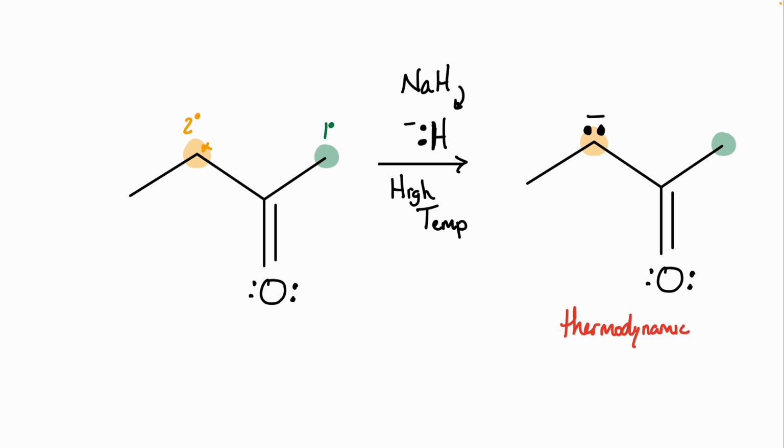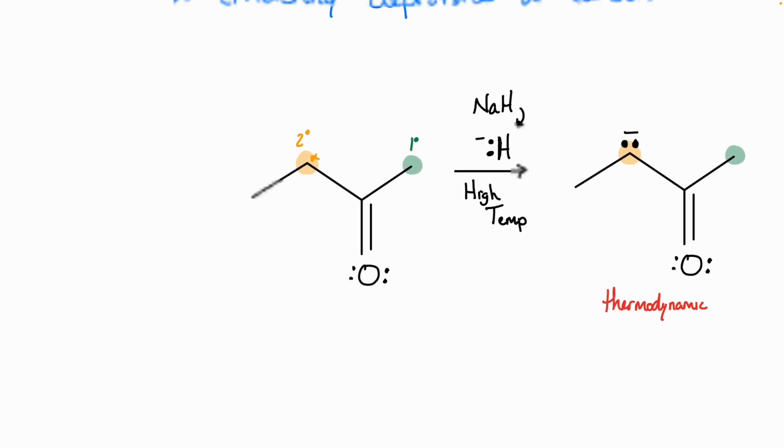The more substituted of those two possibilities forms the most stable enolate ion. You can see this more easily by looking at the other resonance structure and convincing yourself that it has that more substituted double bond. So at high temperatures, with sodium hydride, we'll deprotonate that more substituted alpha carbon.